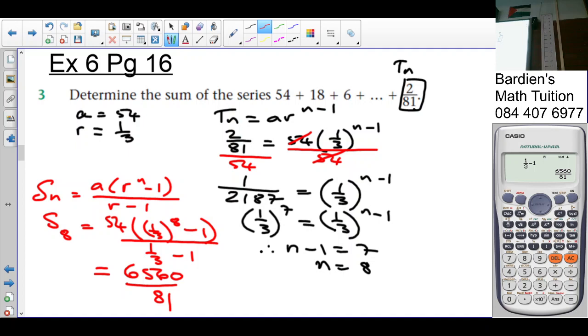Okay, so who asked for this question? Question 3? Who asked question 3? Where did you go wrong? So on top is 2 over 81, yes? I think I put it over 1 with 3 minus 1. So you said 2 over 81 is equal to 54 into, just write the sum down, over a third minus 1.